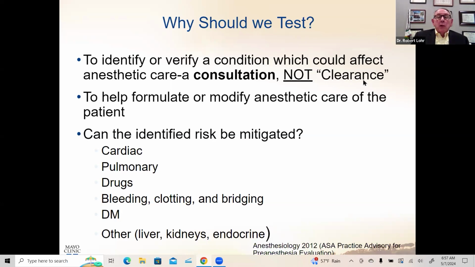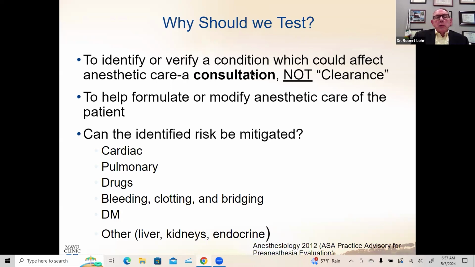And when you say they're cleared, it frankly puts you in some liability. If something does go wrong, and as you know, from your experience, no matter the best of intentions and the best of circumstances, things can still go wrong, and if you have cleared them, you may open yourself up to some liability.